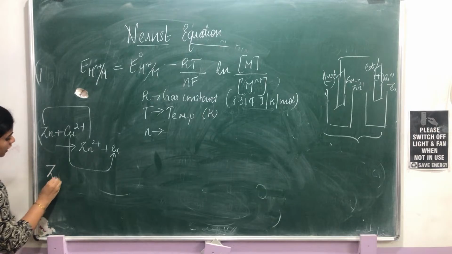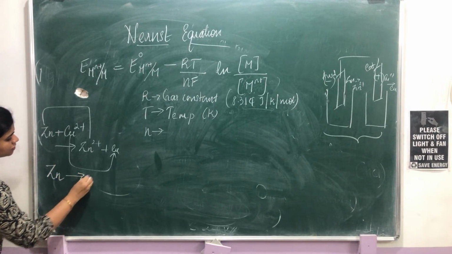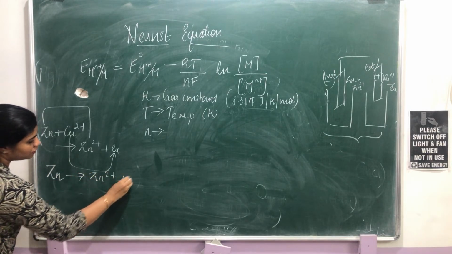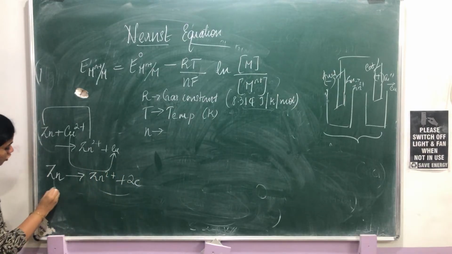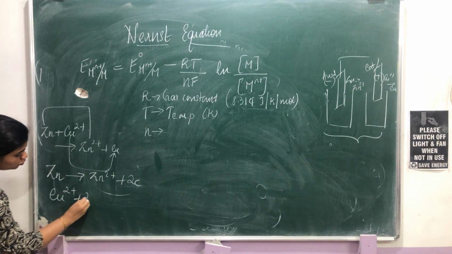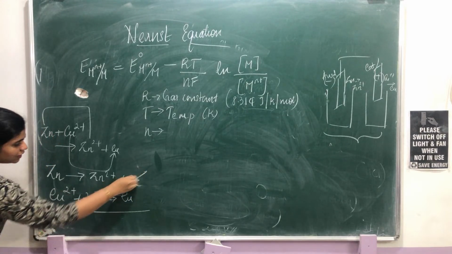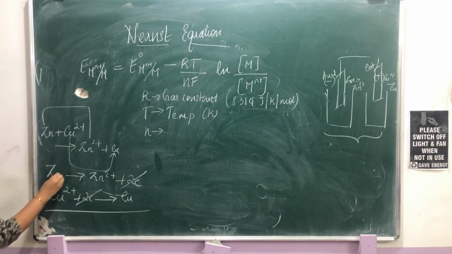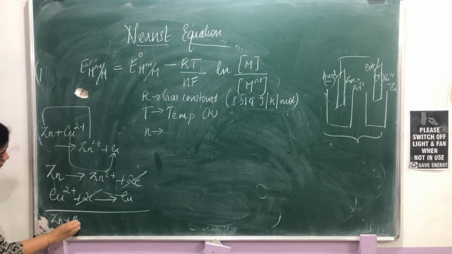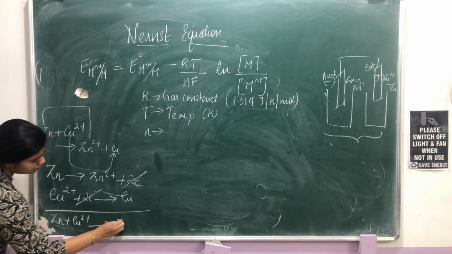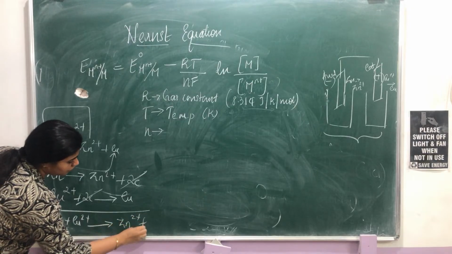For the ones who forgot, I'll tell you. Zn gives Zn2+ plus 2 electrons. Cu2+ plus 2 electrons gives Cu. So when you add them, what will get cancelled? 2 electrons get cancelled, and then you get the equation Zn plus Cu2+ giving Zn2+ plus Cu.